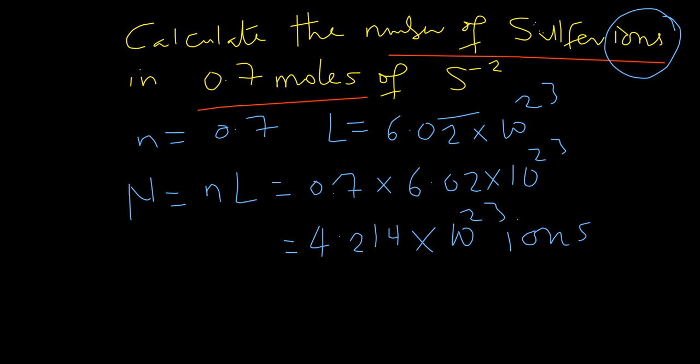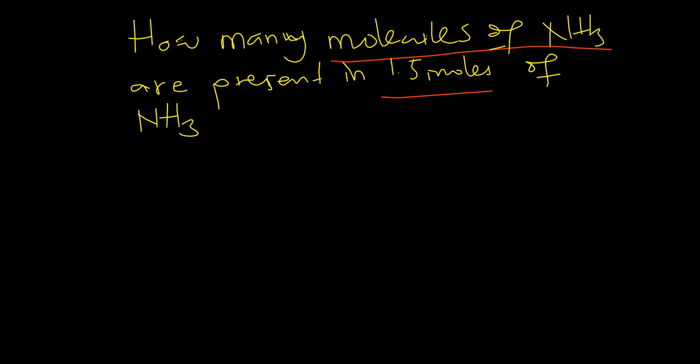Let's look at another example. We have to calculate how many molecules of ammonia are present in this mole. The number of moles given to us is 1.5 moles. The Avogadro's constant is always 6.02 times 10 exponent 23. This has already been given to you. All you do is determine the number of particles, the molecules present.